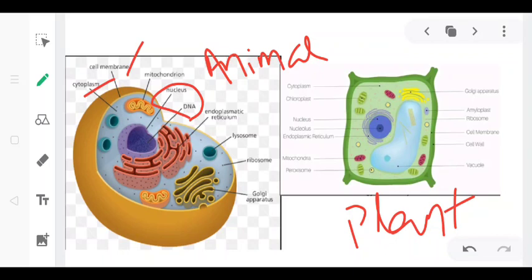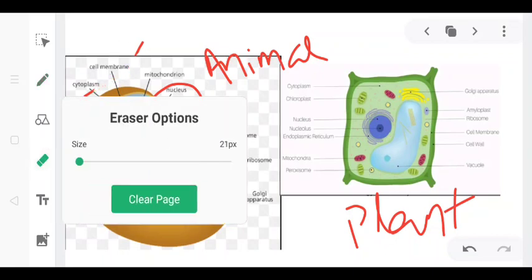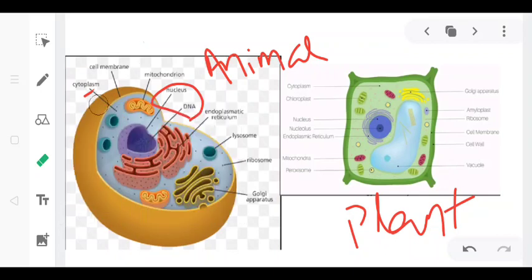So first one is the endoplasmic reticulum. The endoplasmic reticulum is a large network of membrane bound structures, as you can see here.